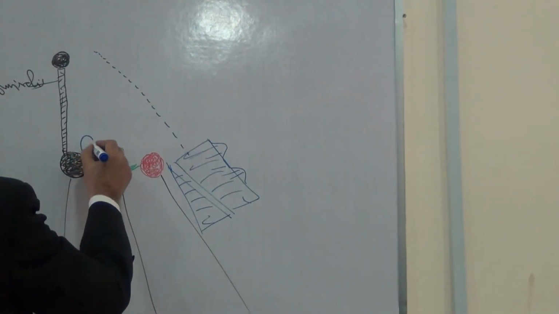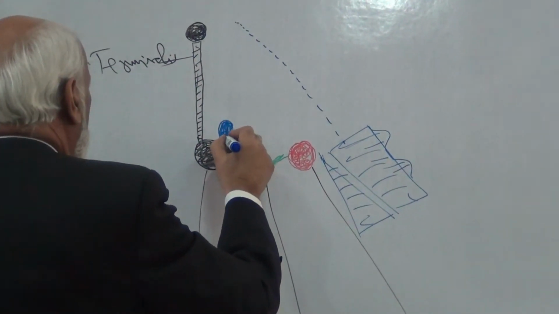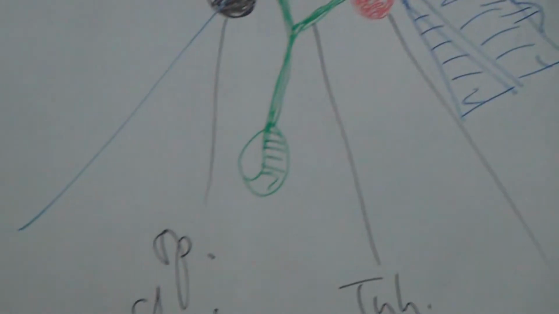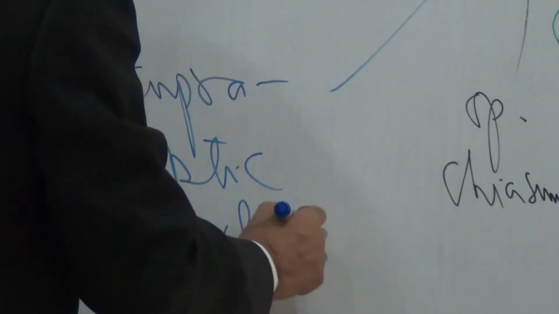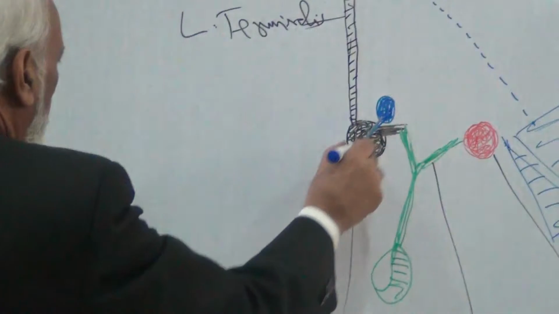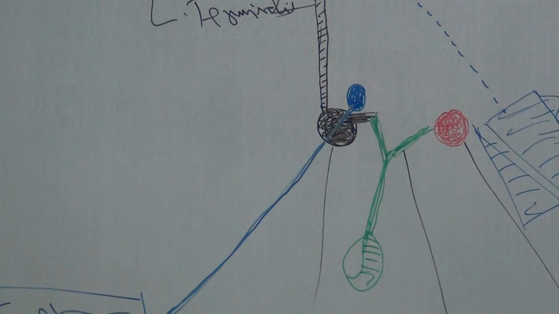Above the optic tract is the supraoptic nucleus. So in the anterior region, supraoptic nucleus.